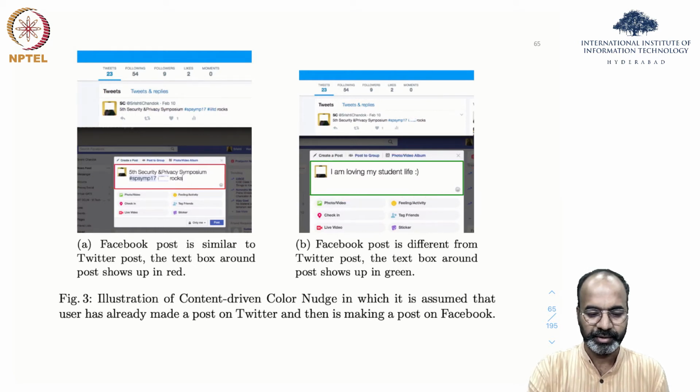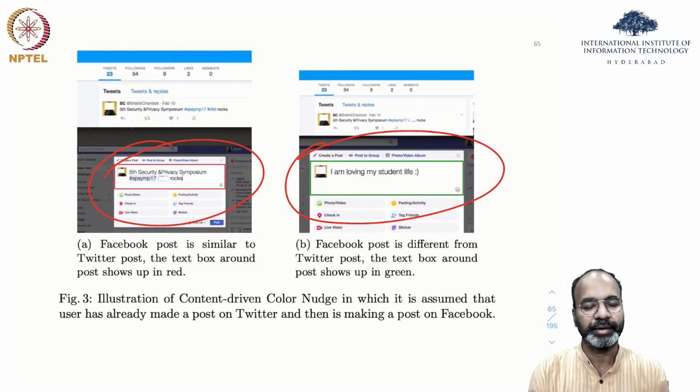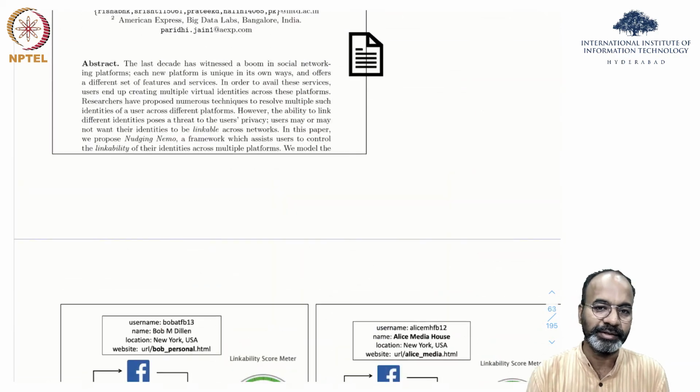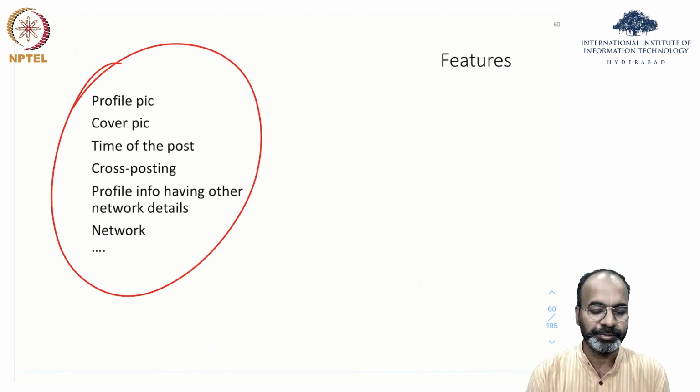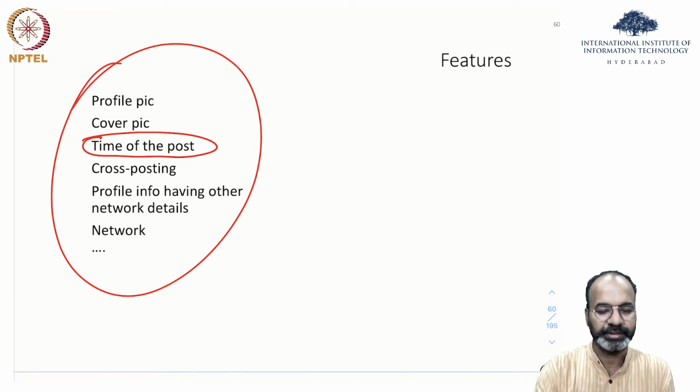So if you see here, this is red color and this is green color, to show that it's okay to post in green. If I compare the post, one of the other features, if you look at this feature list, is the time of the post.